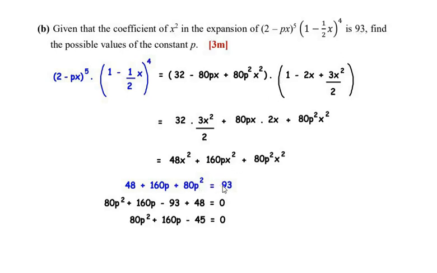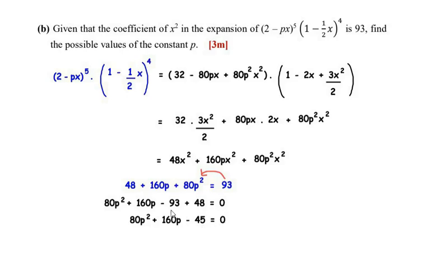Now let us take 93 on the other side of equal to sign. So we get 80p square plus 160p. Now plus 93 becomes negative 93 plus 48 equal to 0. Now simplifying this we get 80p square plus 160p, and minus 93 plus 48 gives us minus 45 equal to 0.